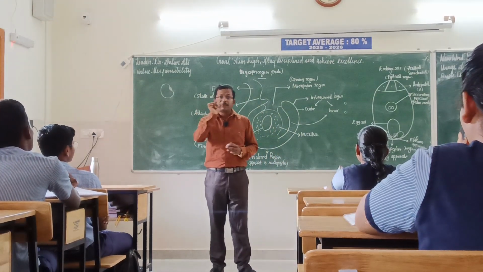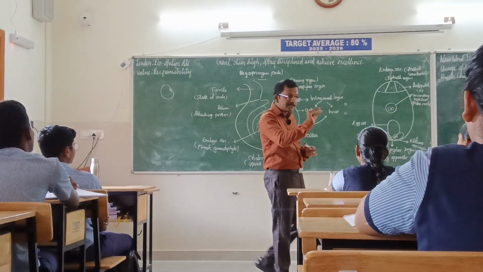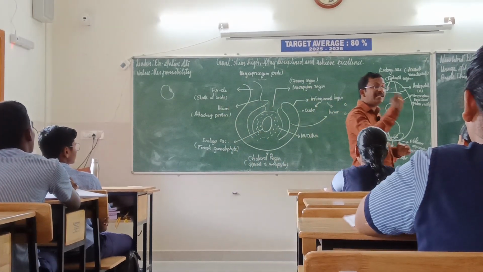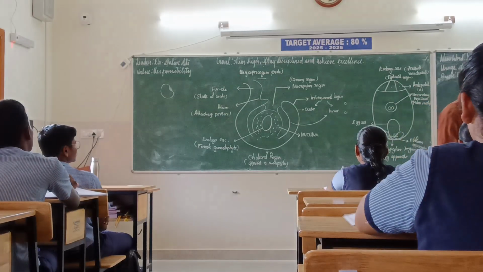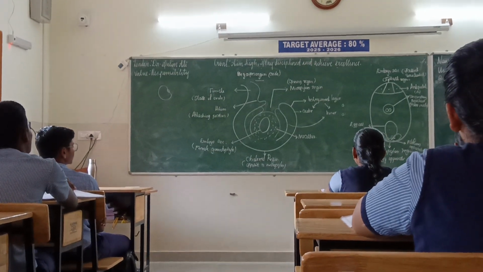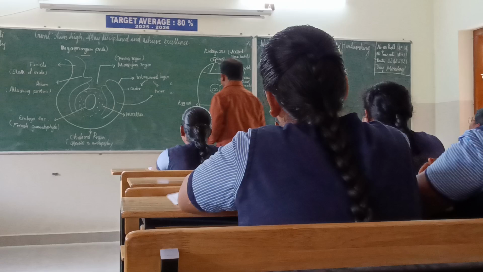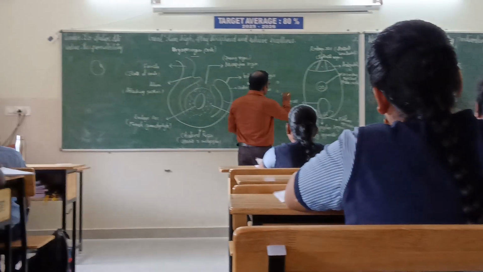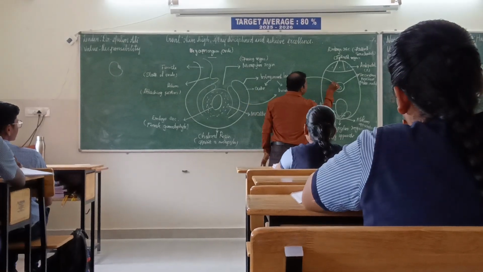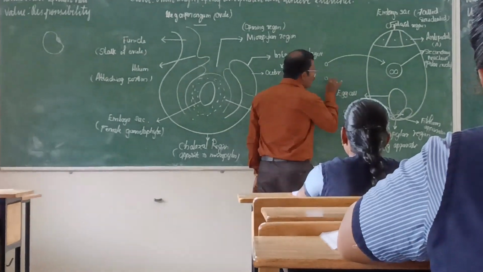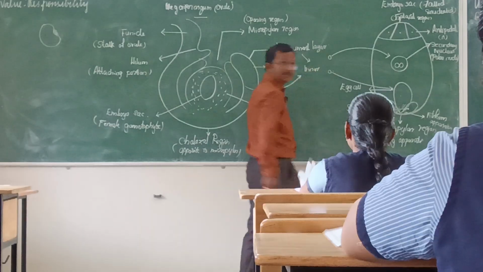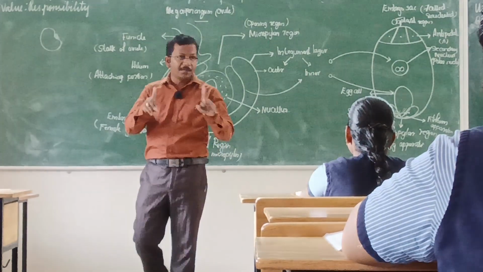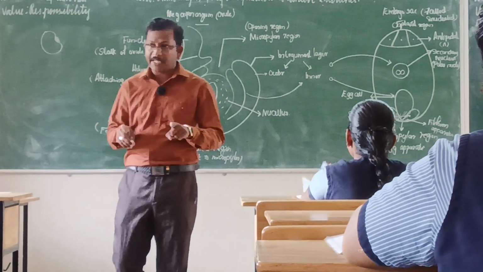From a single generative cell, how many male gametes are produced? Two male gametes are produced, isn't it? From a single microspore, two male gametes are produced. So one male gamete fuses with the secondary nucleus and one male gamete fuses with the egg cell. From a single pollen grain, two male gametes are there.